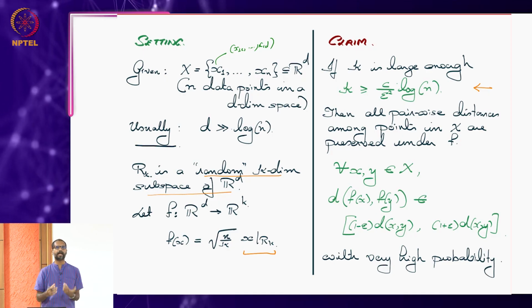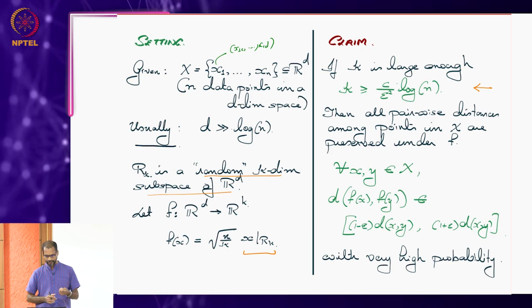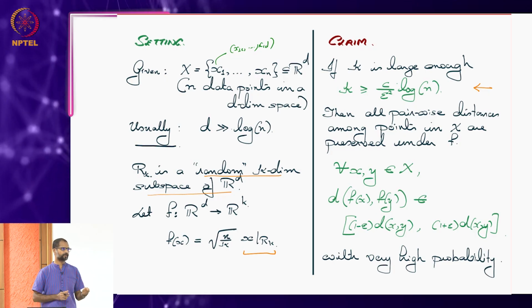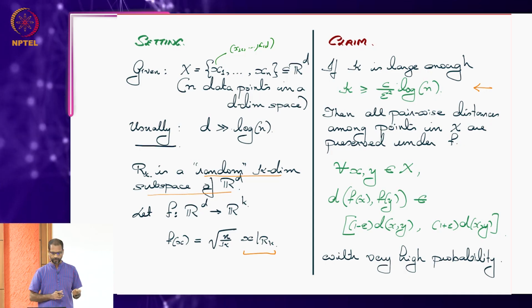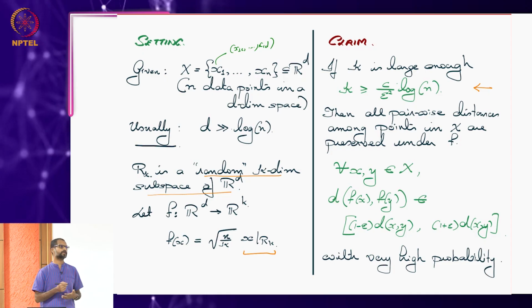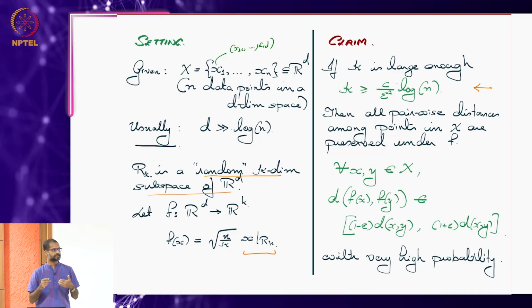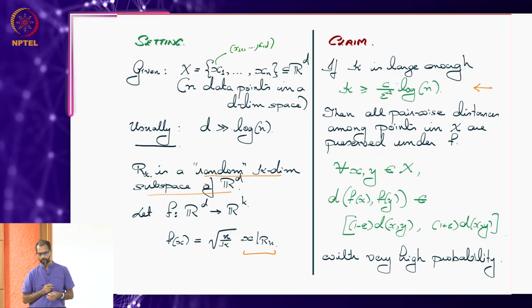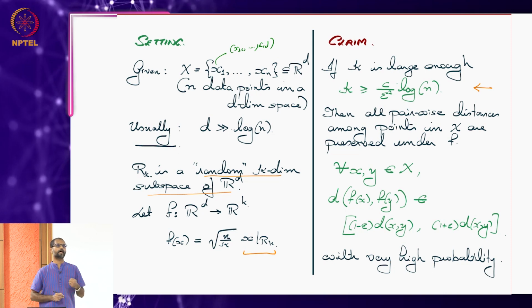And what is the guarantee that Johnson and Lindenstrauss proved? They said that if this k, the dimension of the target subspace onto which you are projecting, is relatively high, and that high is quantified in terms of number of points and the accuracy you want, accuracy being captured in epsilon. So if it is roughly more than 1 over epsilon squared log n, then something really good happens.